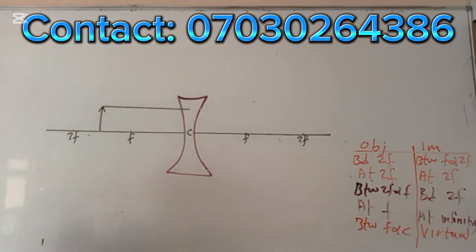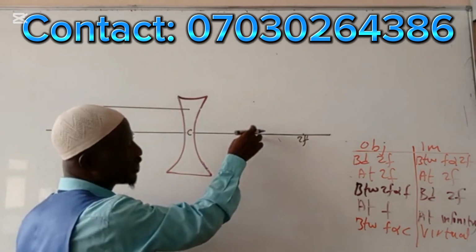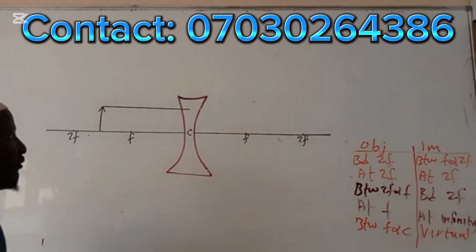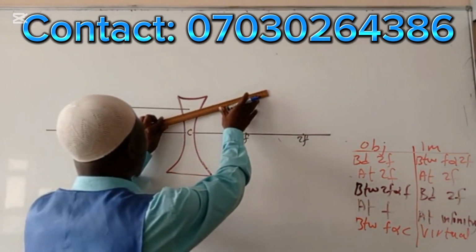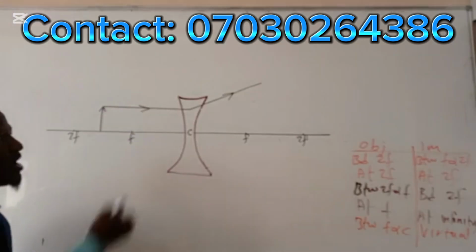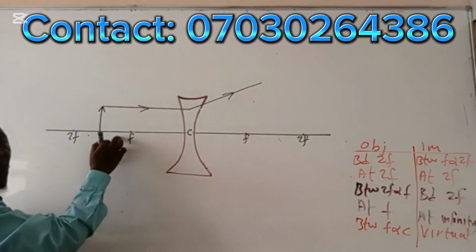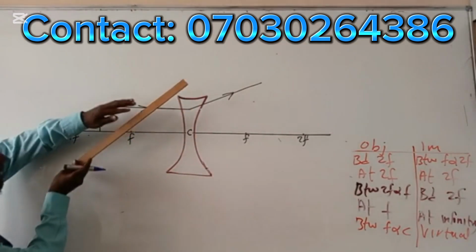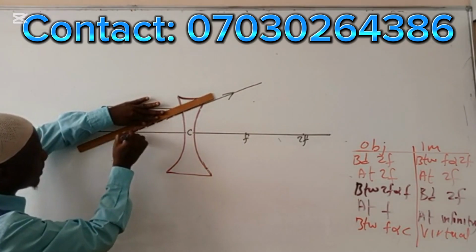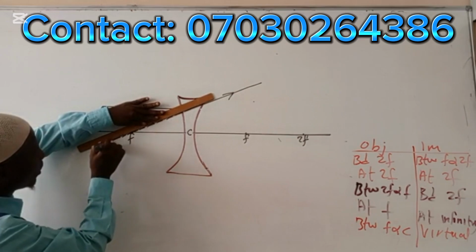So what will now happen? Instead of converging it to the focus here, this one will diverge it away from the focus. It will diverge it like that. So the ray will now look as if it's coming from this focus. Now we have it here. We have to use a dotted line because it is virtual. It's at the back of the mirror.